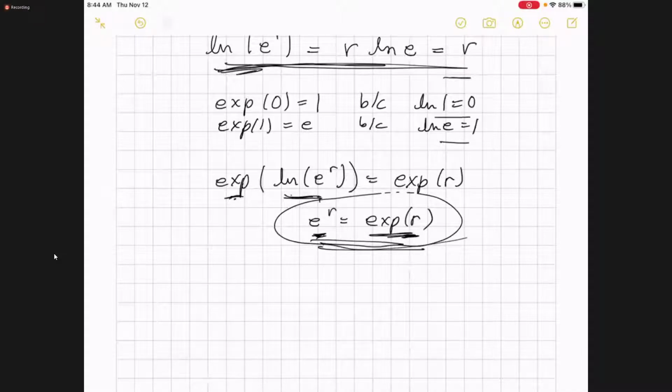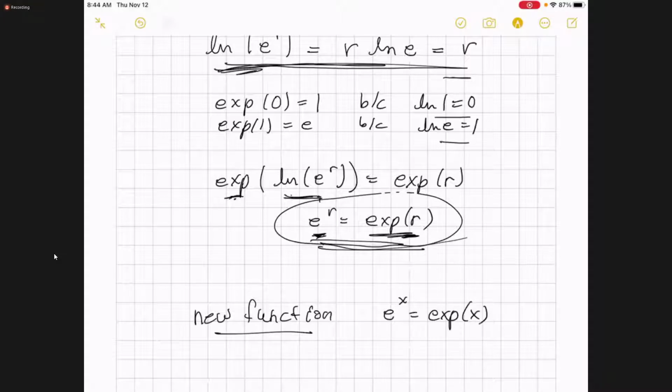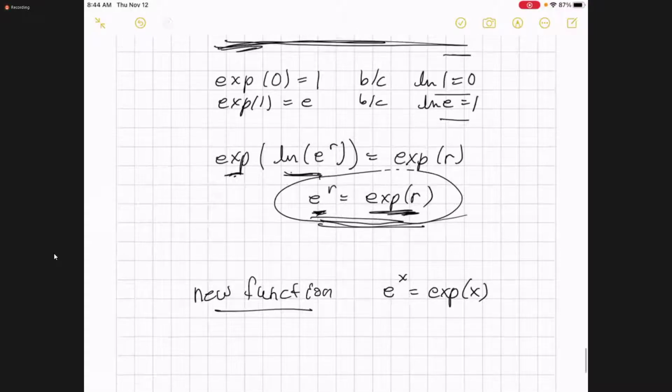Okay, so we have a new function. E to the x, same thing as exp of x. That's the inverse of the natural log function.